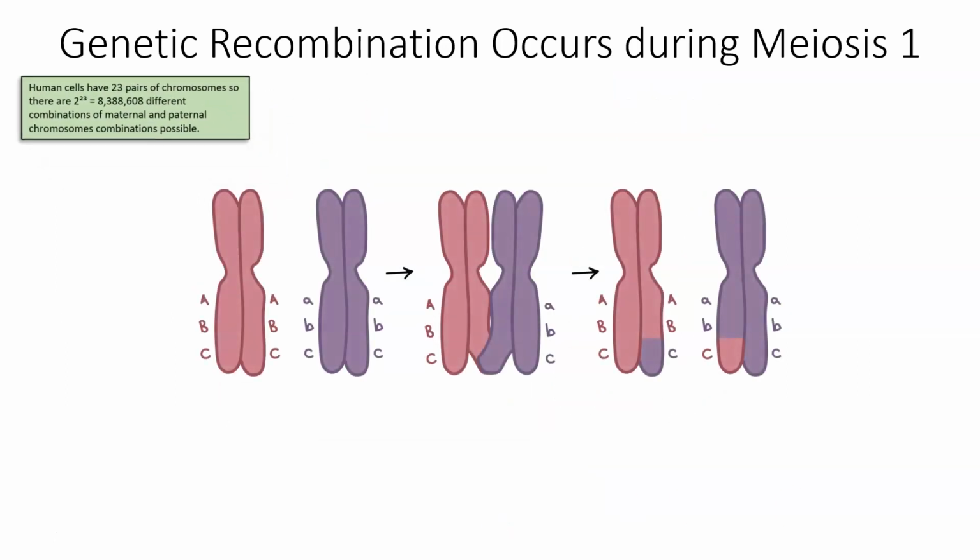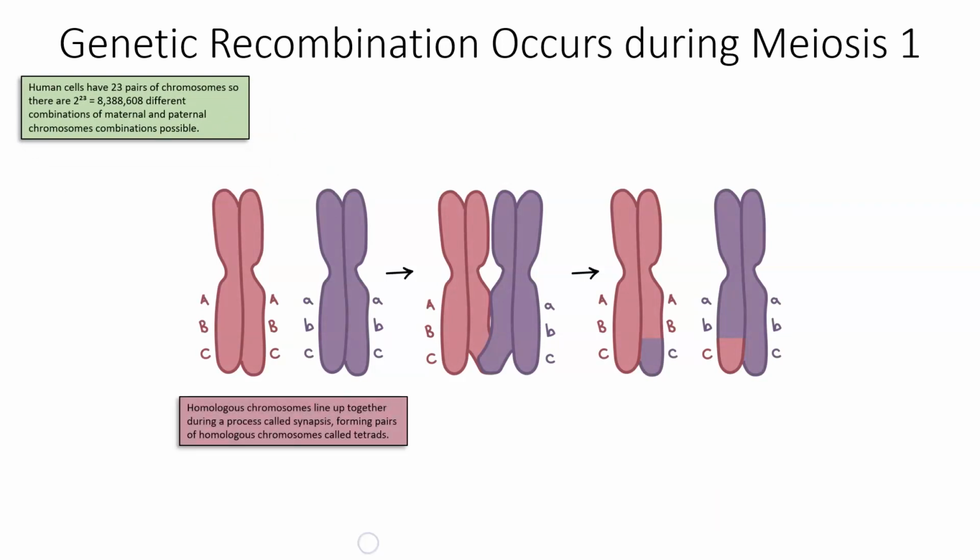Okay, so what does this crossing over really look like? Crossing over is when homologous chromosomes come together and form a tetrad during a process called synapsis. That is called a tetrad. So let's say this is the paternal chromosome and this is the maternal chromosome. They come together during synapsis and form a tetrad.